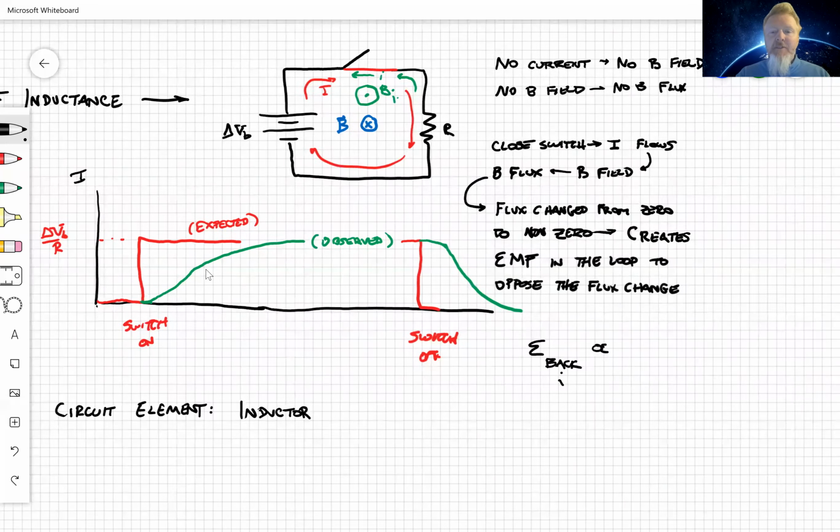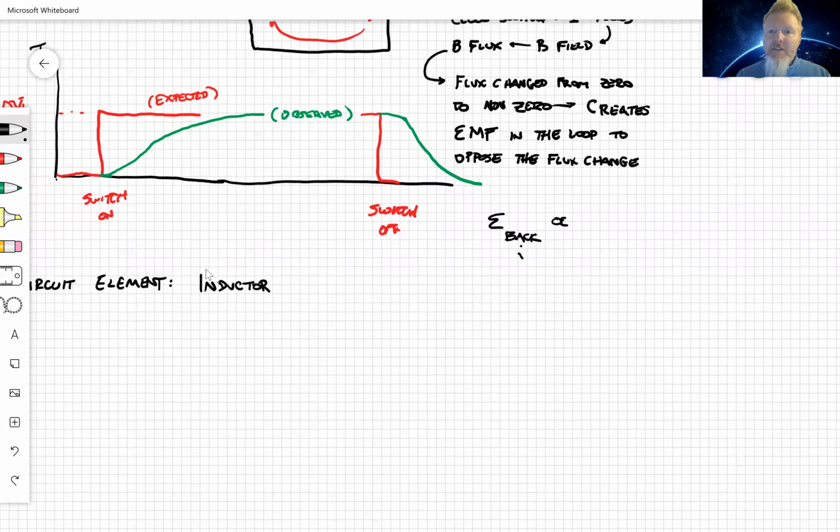Before, there was some M times di dt. Well, in this case, it's going to be proportional to something like an L di dt. But here, the di dt is because of its own current, not the current in something else. Its own current causes a back EMF. So that's the analogy to the mutual inductance.